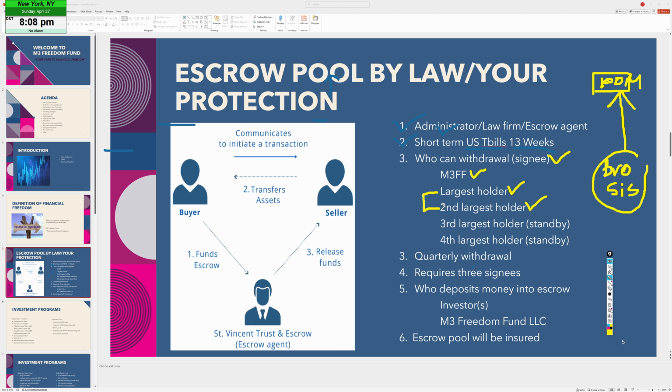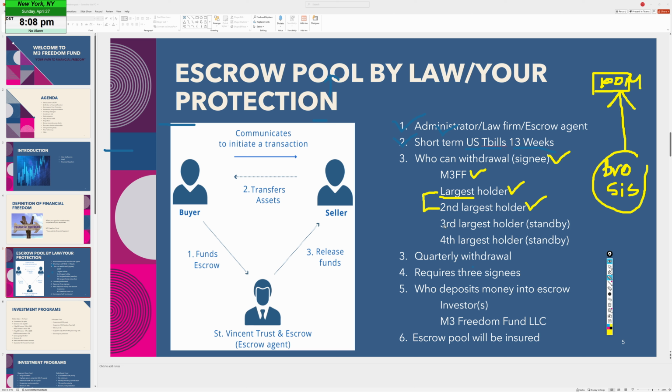So why is it the largest holder? The way we designed it has some randomness where we can't influence who's the largest, who's the second largest. So it's all random, and therefore we cannot collude with each other and steal everybody's money and run. Does that make sense?